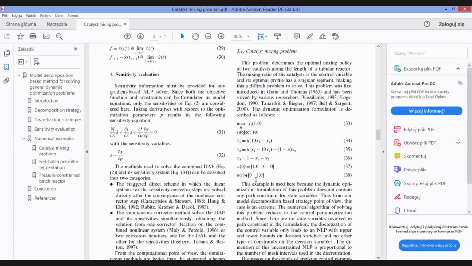So if we choose a value of u and we have initial conditions, we can solve this system of equations. And after that, we can plot our solution and compute the value of x3 at the end of the process.